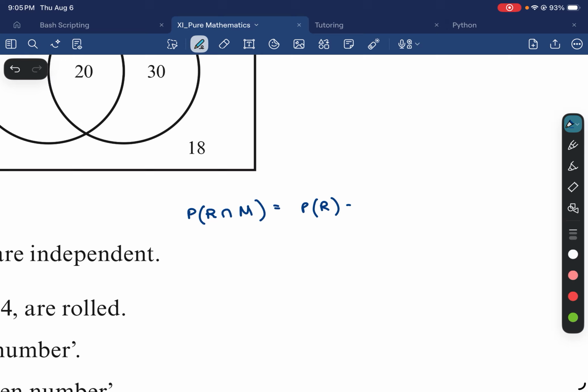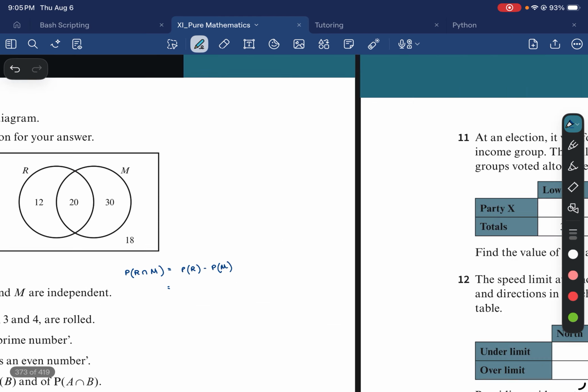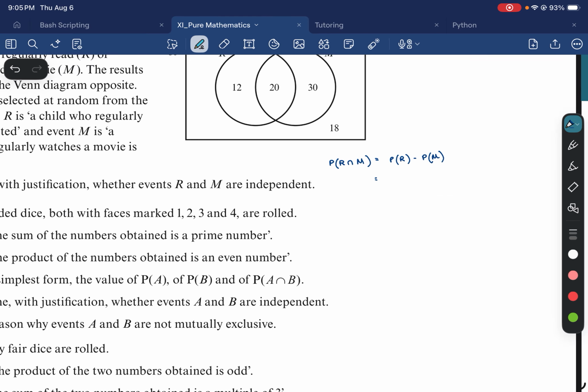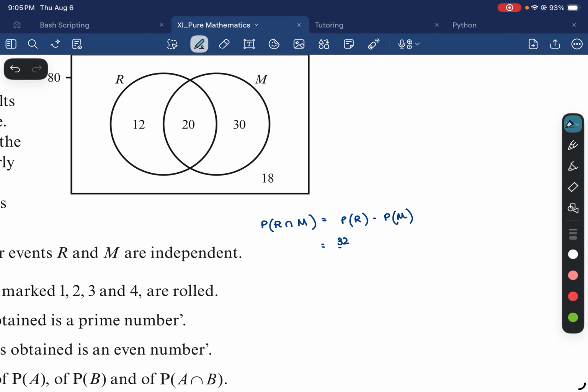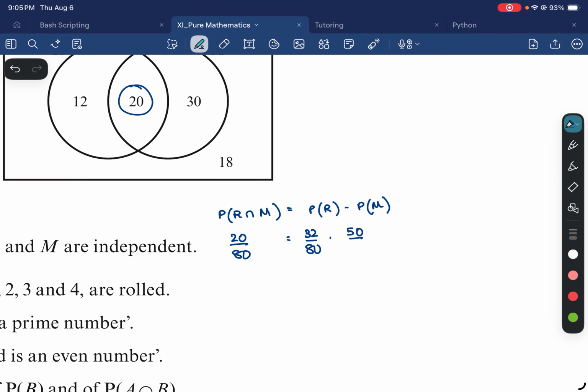If they are independent, then this will be satisfied. What is the probability that a child reads? It's 32 over 80. Right? 32 over 80 children. What is the probability that they read and watch movies? 20 over 80. And then probability that they watch movies regularly is 50 over 80.